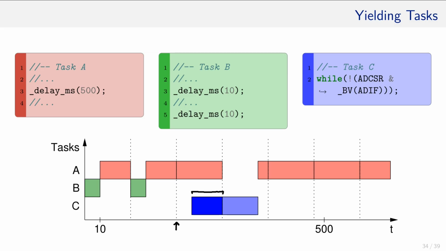Compared to the cooperative scheduling, this scenario looks much better, since tasks B and C are served much earlier. However, while from the point of view of task A, 500 milliseconds have passed, an observer sees that the task started at 10 milliseconds and lasted a lot longer than 510 milliseconds, roundabout here, in the real world.